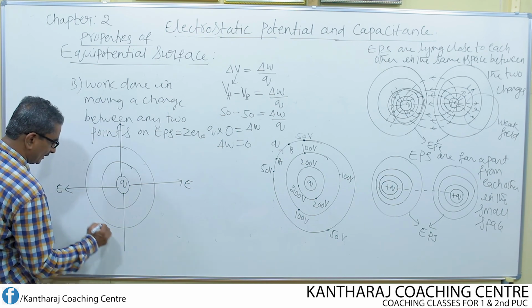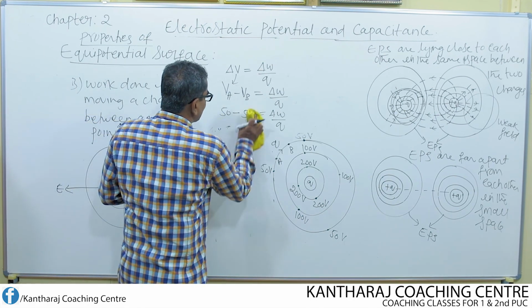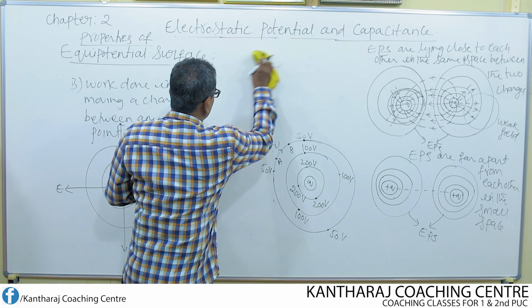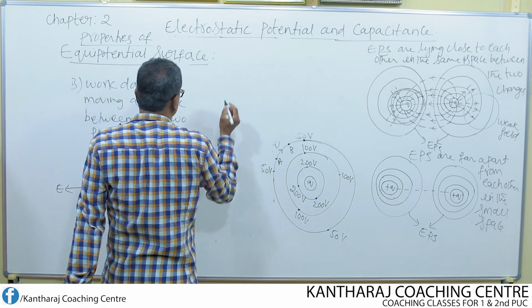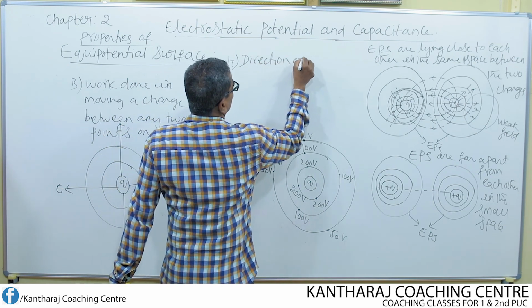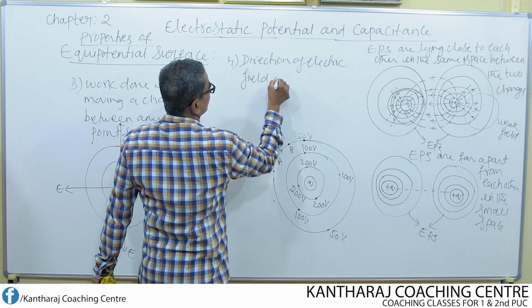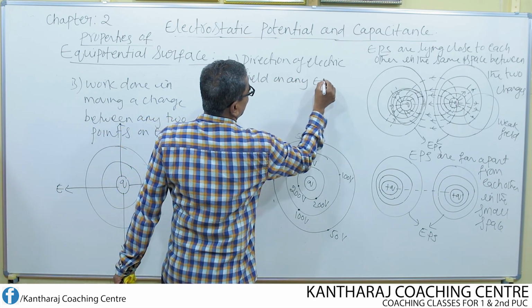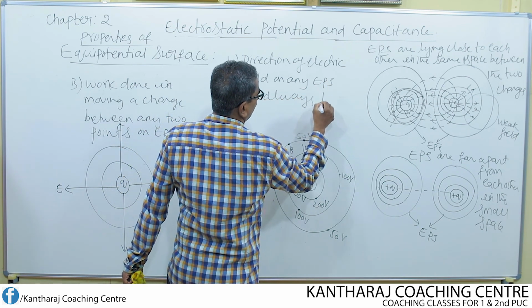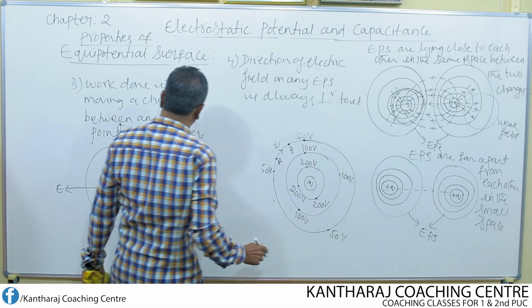Okay. So I can quote this as another property. The direction of the electric field on any equipotential surface is always perpendicular to it, or it is always at right angles.